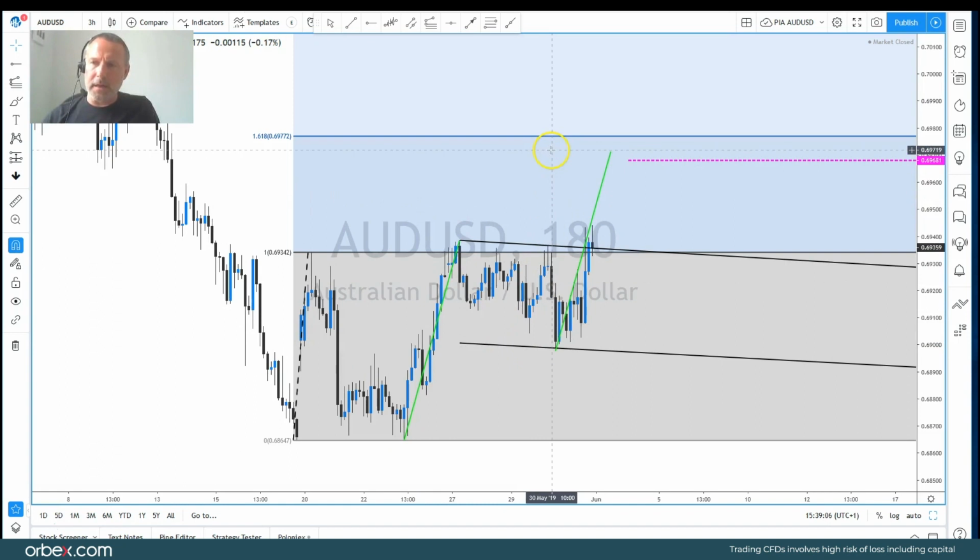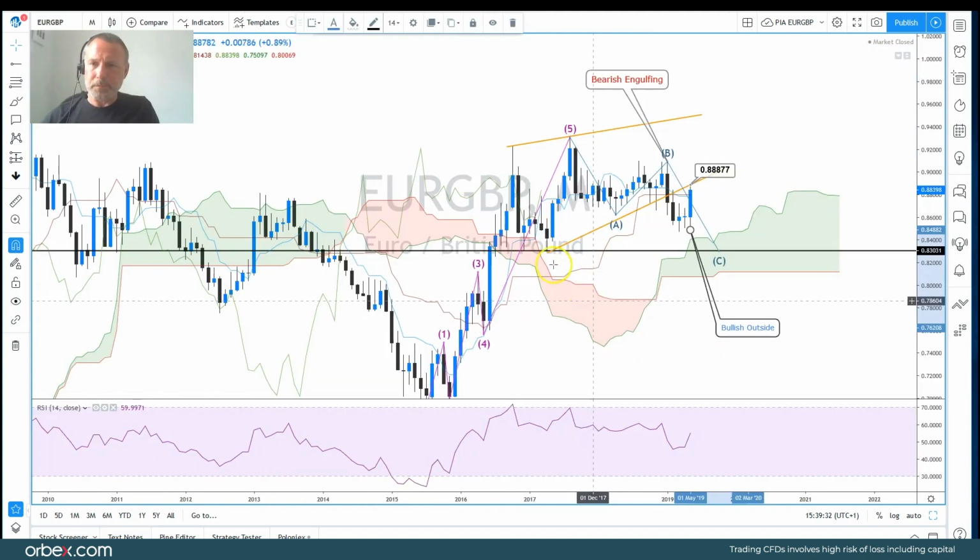We've got a flag target coming in at 69.70. We've got a bespoke resistance level at 69.68, and then we've got a 161.8% extension level at 69.77. So this area, I think, the immediate bias is to the upside. I mean, this area is going to be quite solid resistance going into next week.